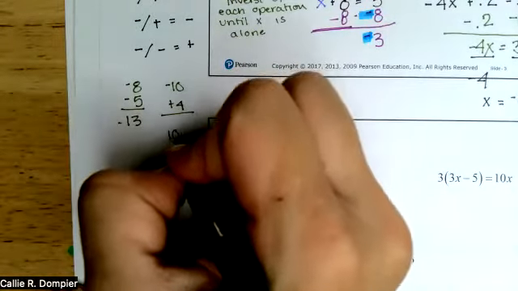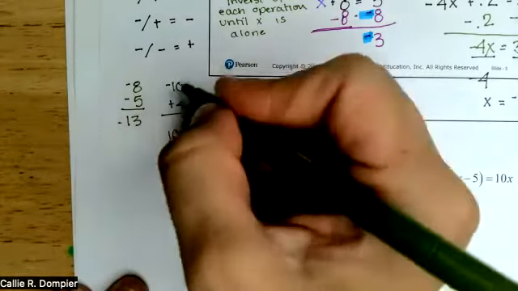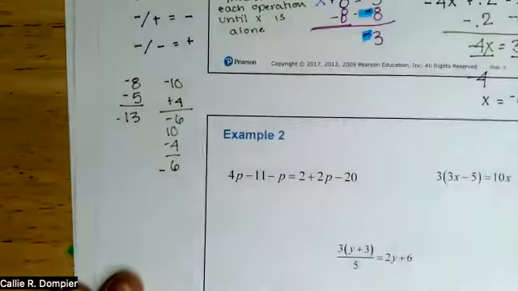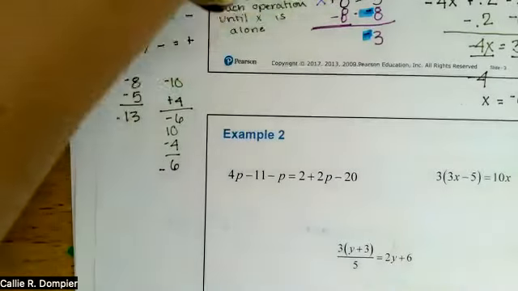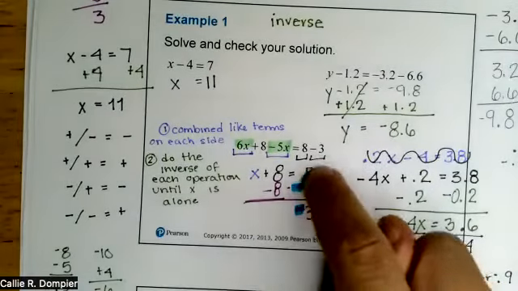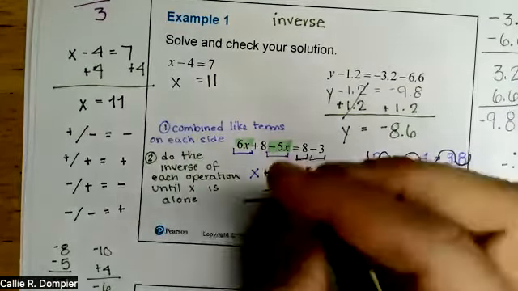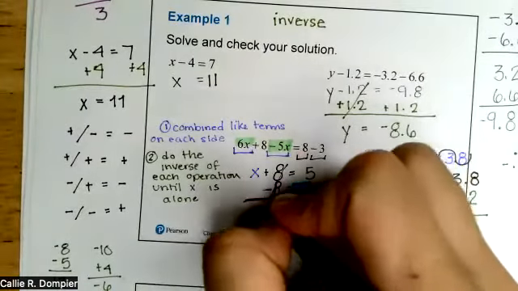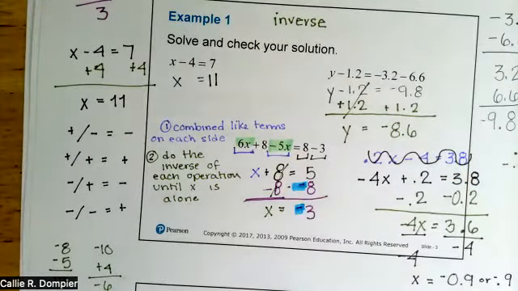So 10 minus 4 is 6, but the 10 is negative, so the 6 becomes negative. Okay. Or use a calculator. So negative 8 and 5 combined to get negative 3. 8 minus 8 is 0, so I just have x is negative 3.